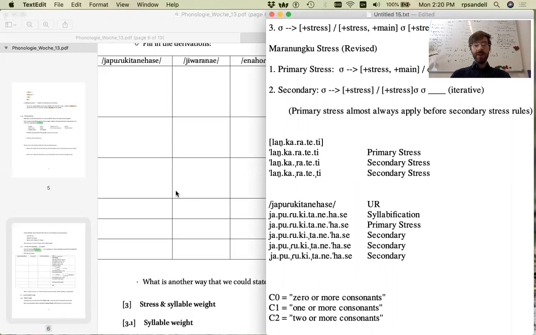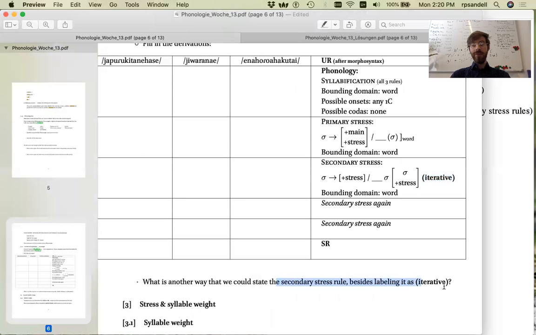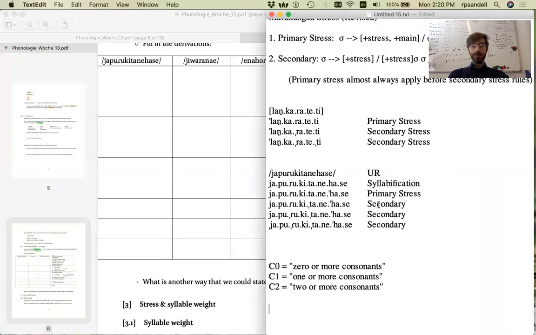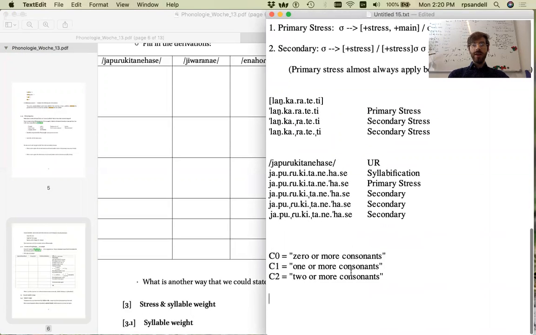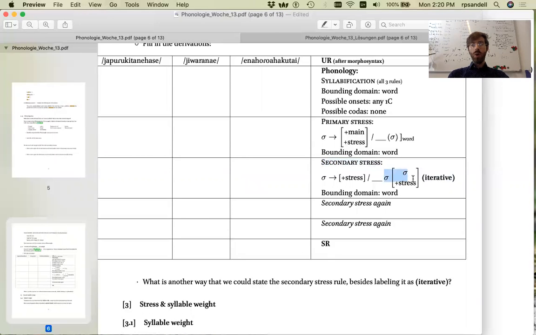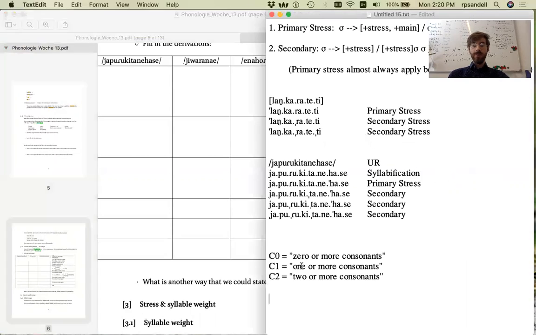And this is relevant for possibly writing a rule in a different way. That is, we could allow that the secondary stress rules will work iteratively, will apply to any sequence if there is at least one or more of these sequences of a syllable and then a stressed syllable.